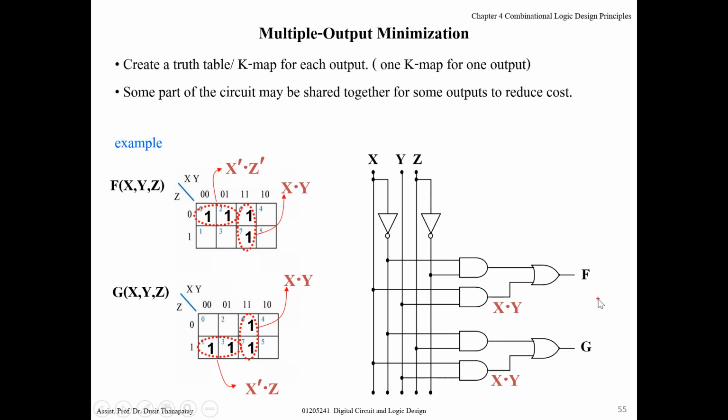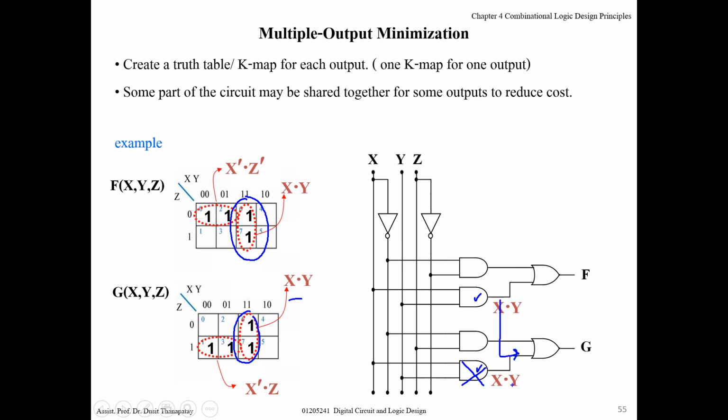Anyway, in this case or some cases, note that for output F there is an X and Y term. For output G the equation also has an X and Y term. So you need not use two AND gates. Actually, you can use only one, something like this.